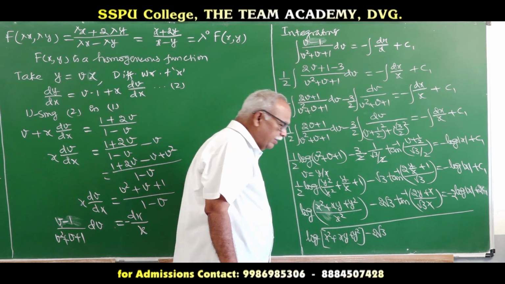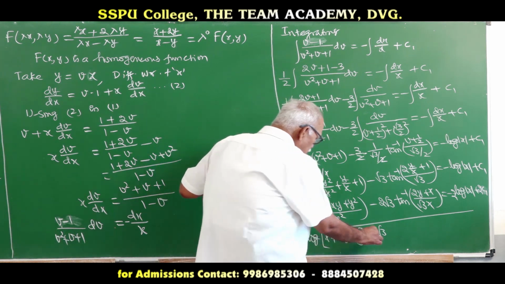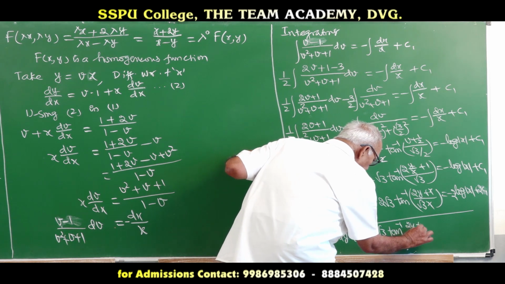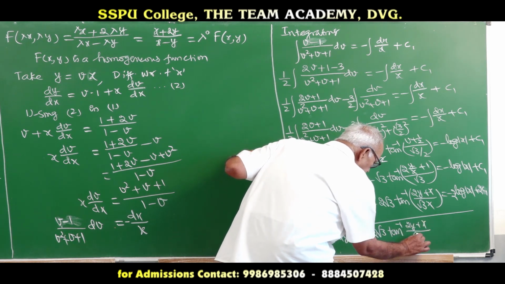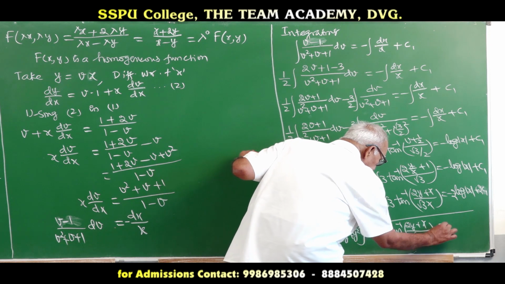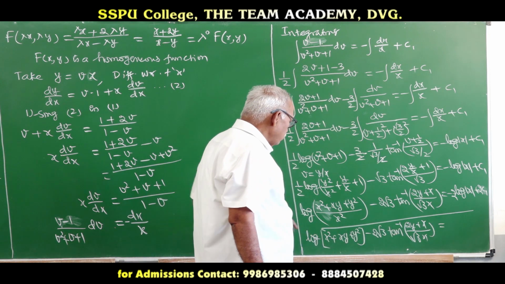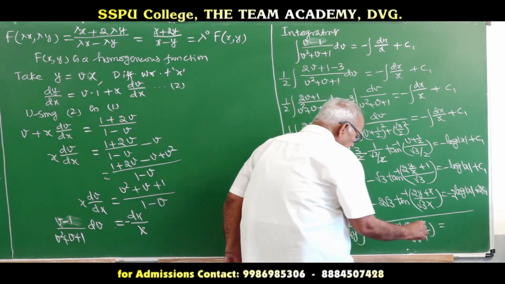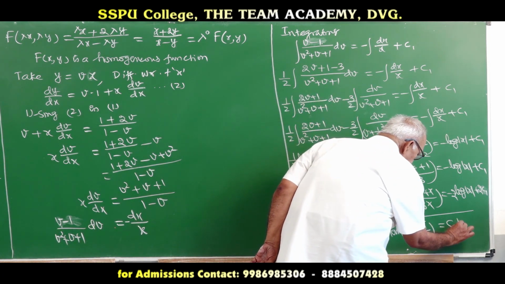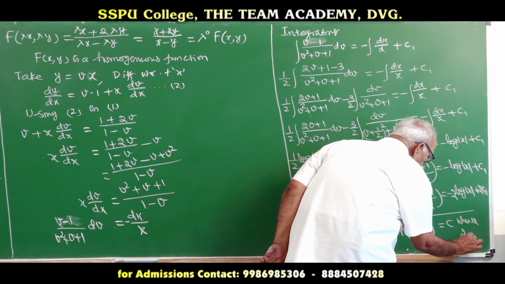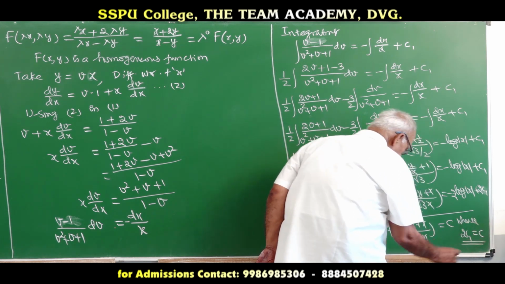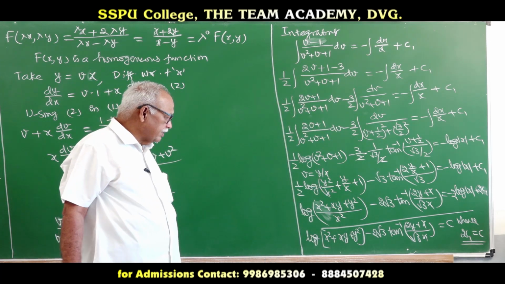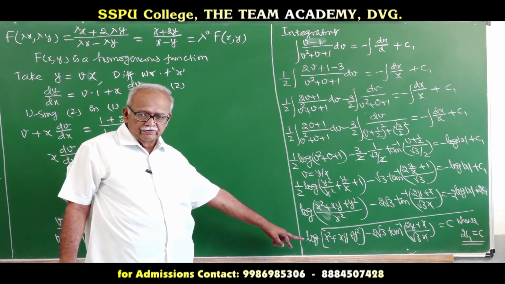So 2 into root 3 tan inverse of (2y plus x) divided by root 3x. Now minus 2 log x and minus 2 log x cancels. Now this can be written as c, where 2c1 is equal to c. So this is the final answer for the homogeneous differential equation.